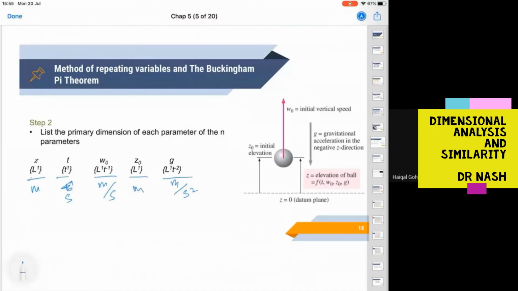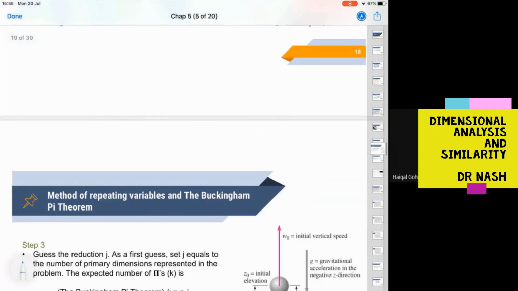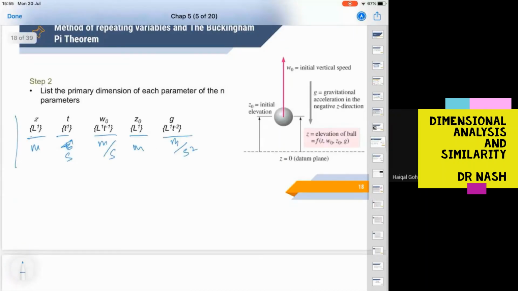Okay, so saya habiskan dekat step 3, then step 4 and 5 and 6 we continue tomorrow. So in step 3, after having this dimension, apa kita buat dekat step 3?